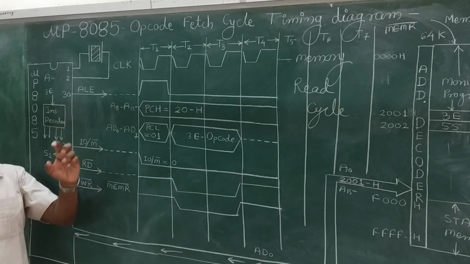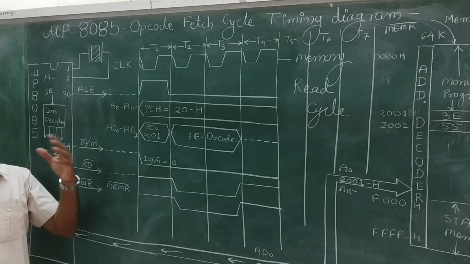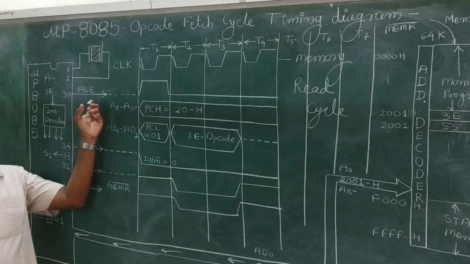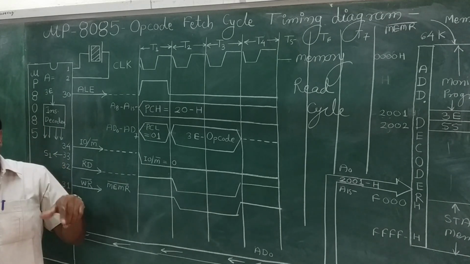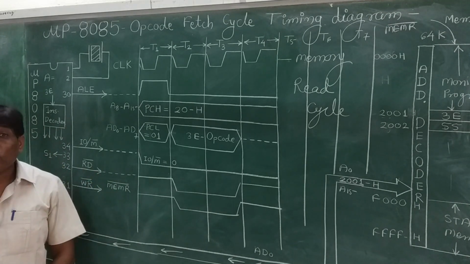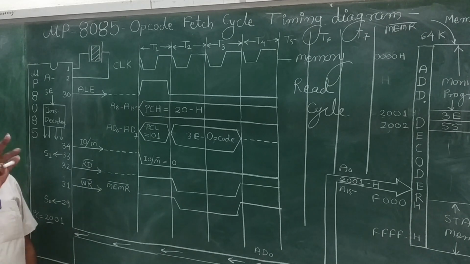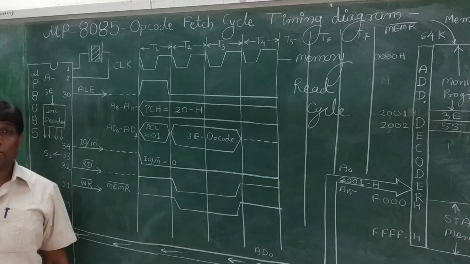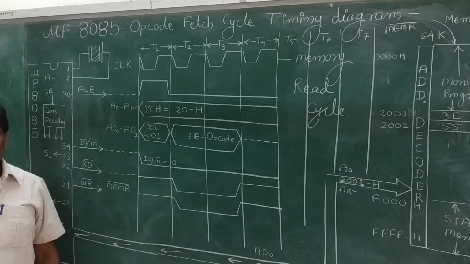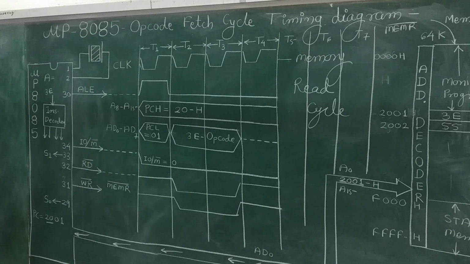Some students asked me last time, what is the ALE? Yes, it is a very important signal, and this signal will be elaborated to you in detail in the next lecture, when we will understand the demultiplexing process of lower order address and data buses. So this is all about today's lecture, and thank you very much.